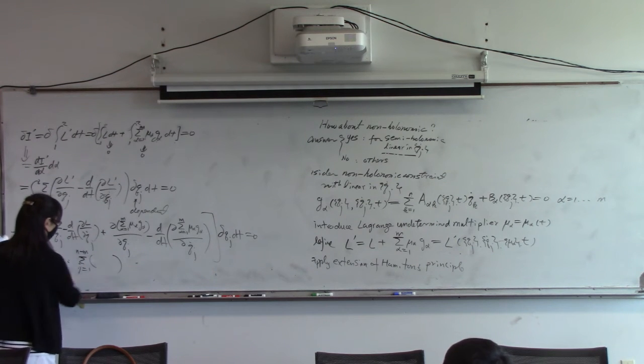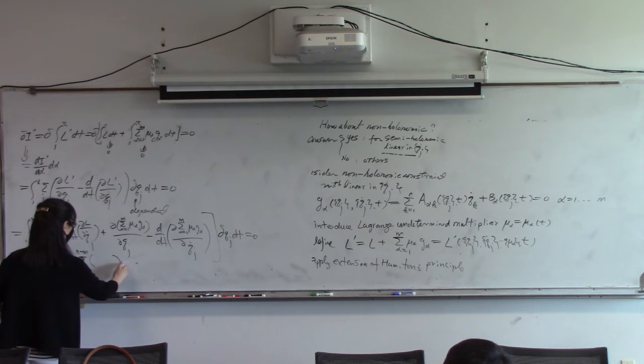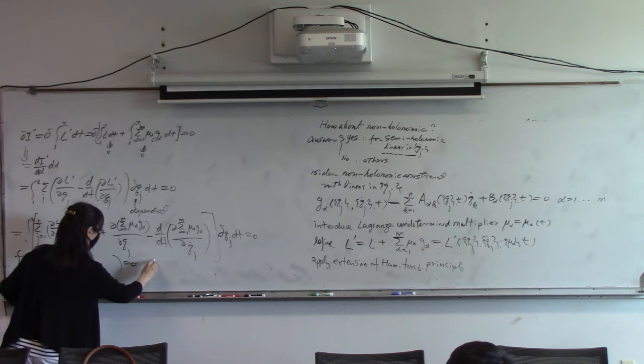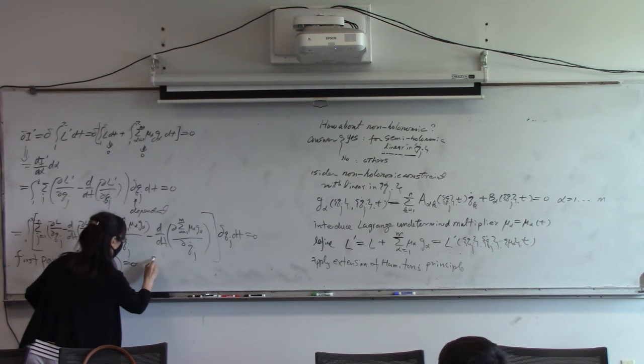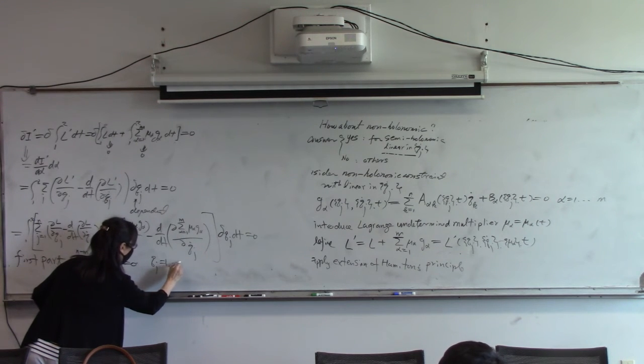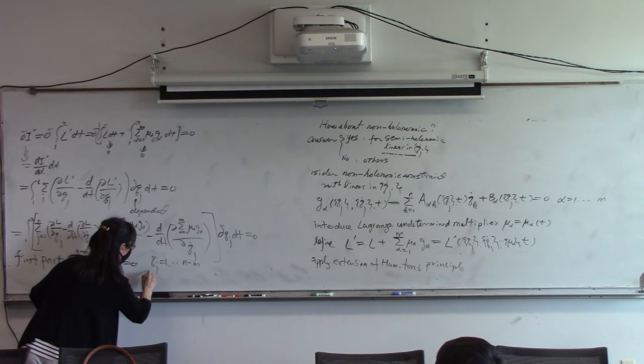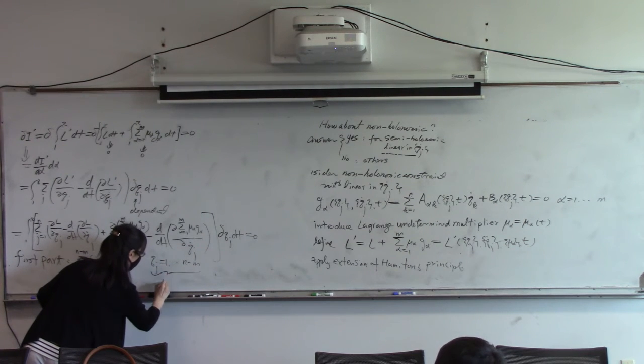All the details I did not repeat. That's b equal to 0, so that means q_j in this case, j equal to 1 until n minus m. These are independent.